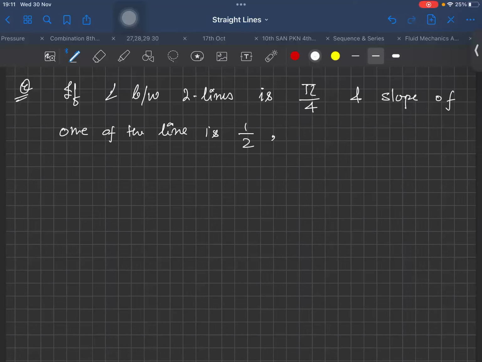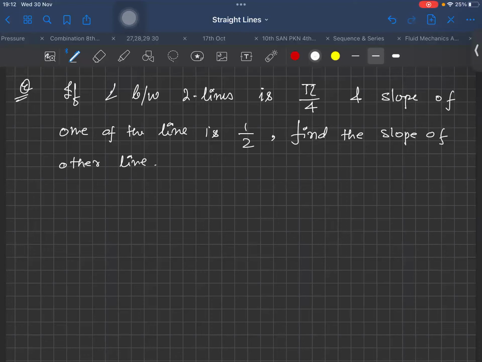Find the slope of the other line. Do it. Can you do this?